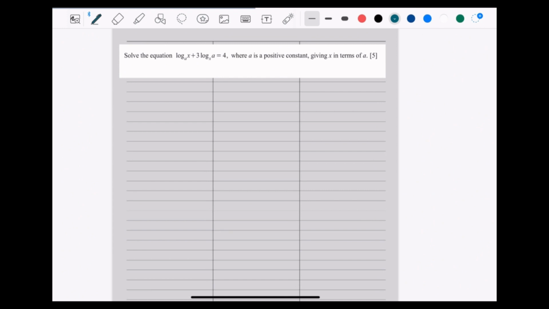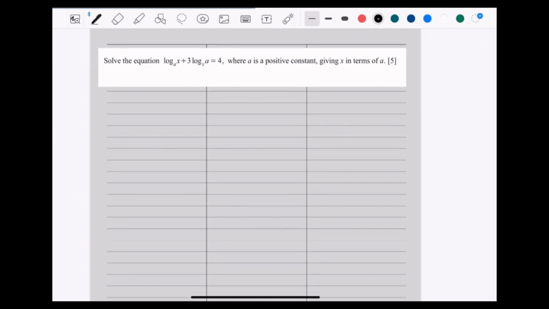Now let's look at another question here. You have to solve the equation where they both are related in such a manner that I can easily see that the bases are different, but they're connected. So if I can, first step, I can write this as log a of x plus 3, taking that in the denominator, hence becomes log a of x is equal to 4.